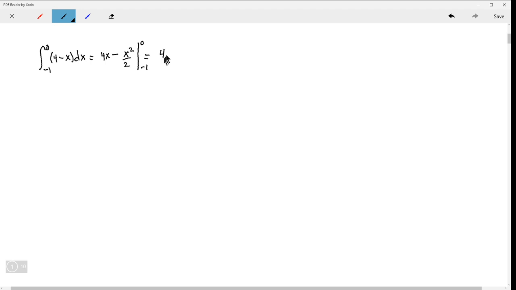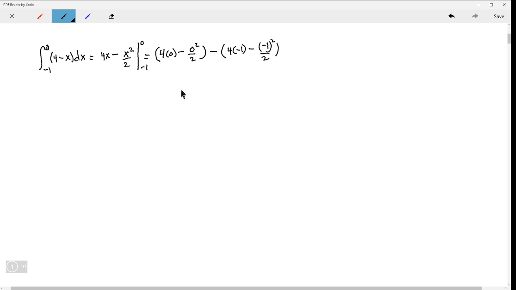So I get 4 times 0 minus 0 squared over 2. There's the f of b, minus the f of a, where I plug in the bottom number: 4 times -1 minus -1 squared over 2.